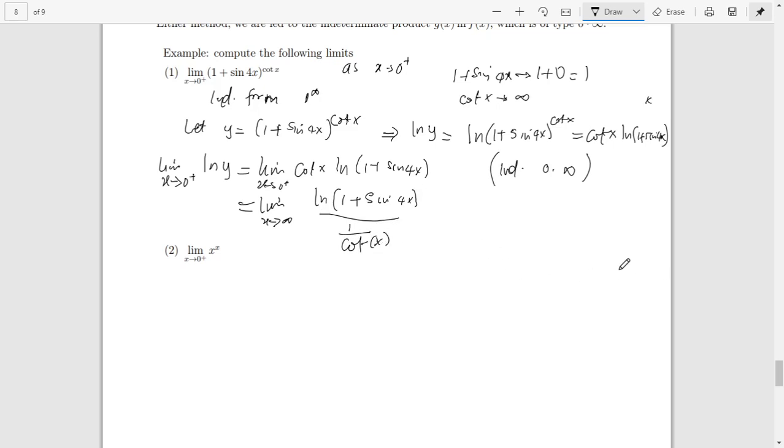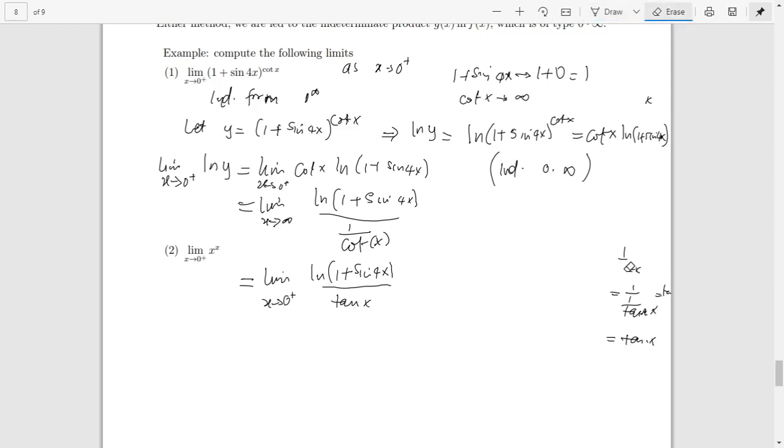But what is 1 over cot x? 1 over cotangent of x is the same thing as 1 over 1 over tan x, which is just tan x. So this tells me that the limit here is equal to the limit as x tends towards 0 from the right of the natural log of 1 plus sine 4x divided by tan x.